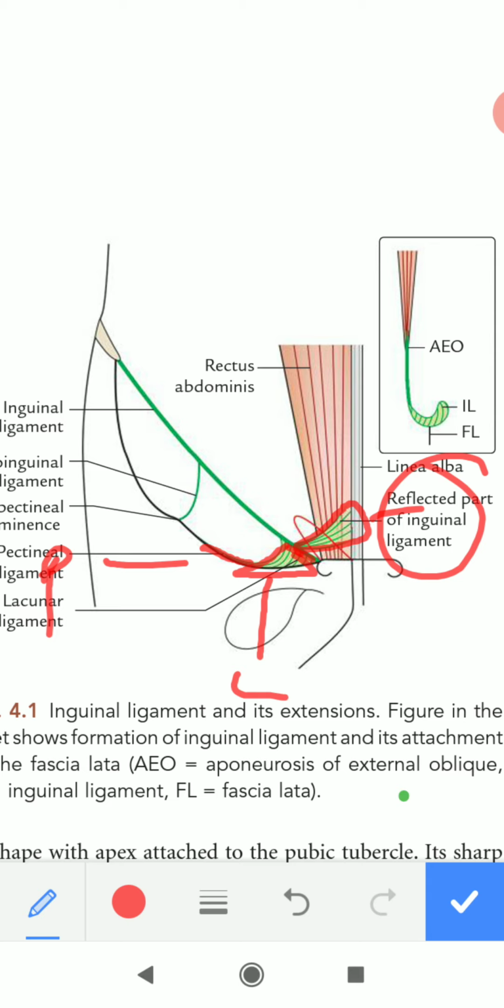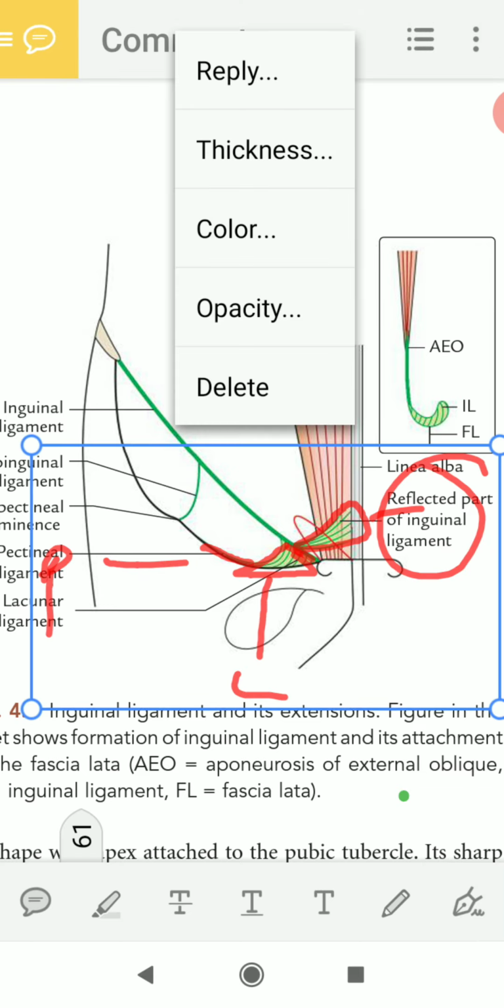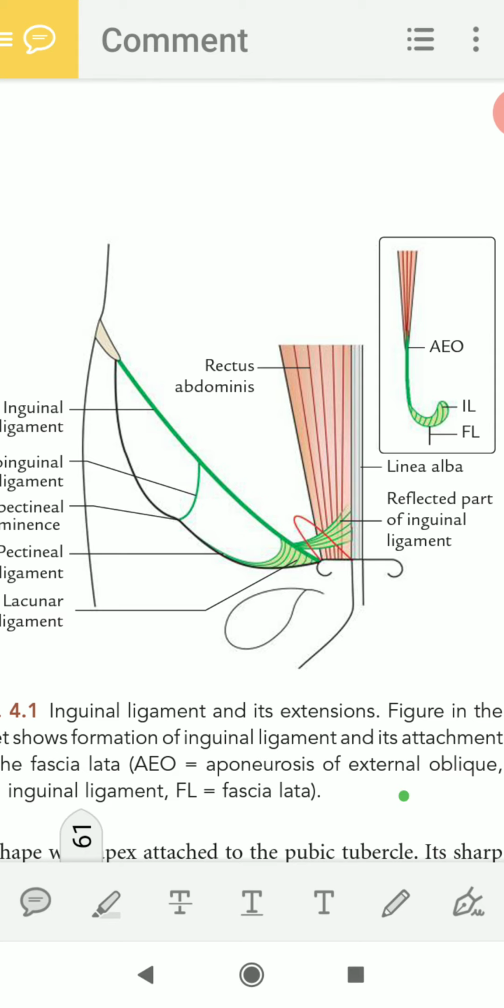Now you have to know about the subinguinal space or pelvifemoral space. Subinguinal means just below the inguinal ligament there is a space. We will learn about this space and the structures passing through it.